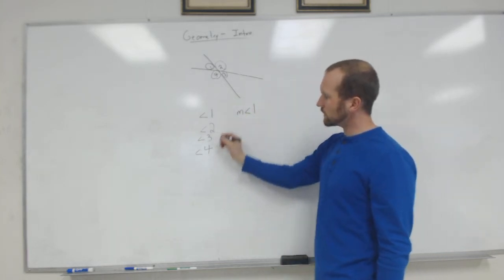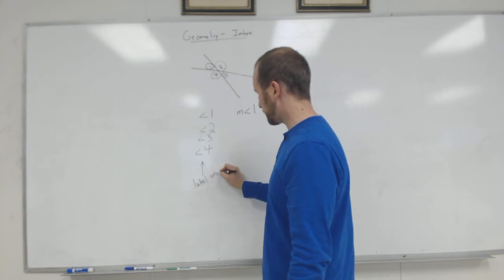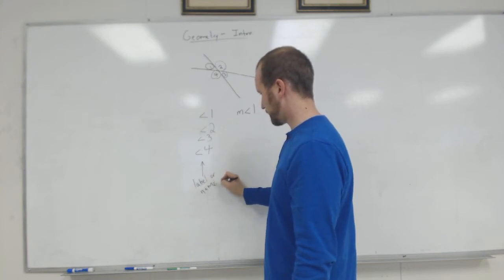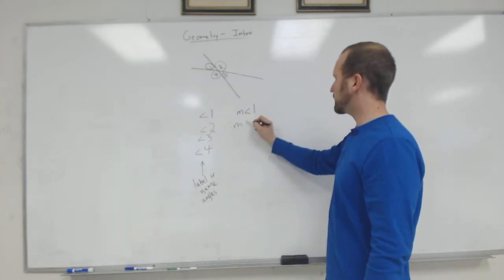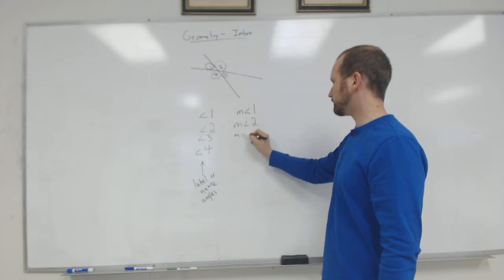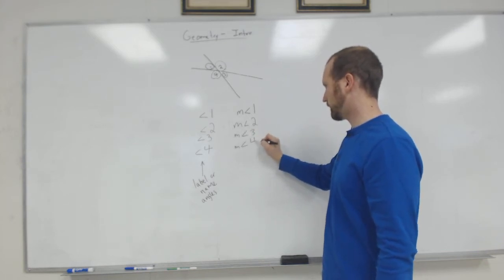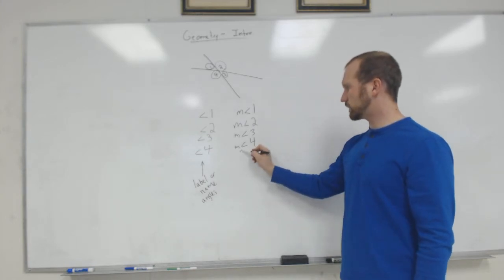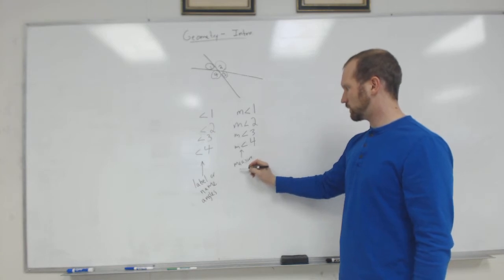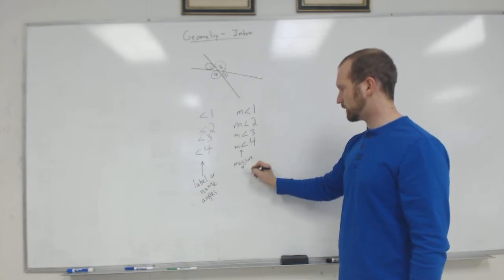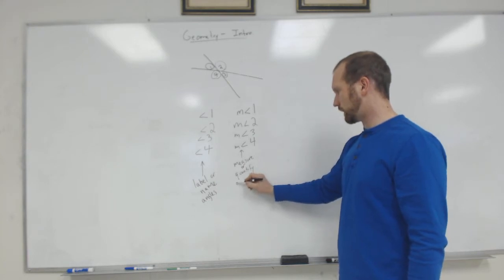So this notation here is used to label or name angles, whereas this notation is used to measure, or quantify, angles.